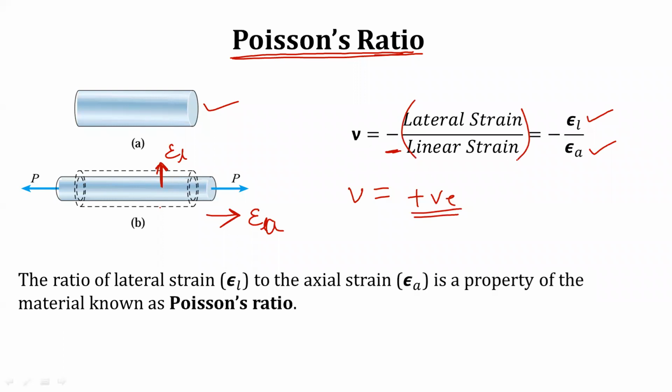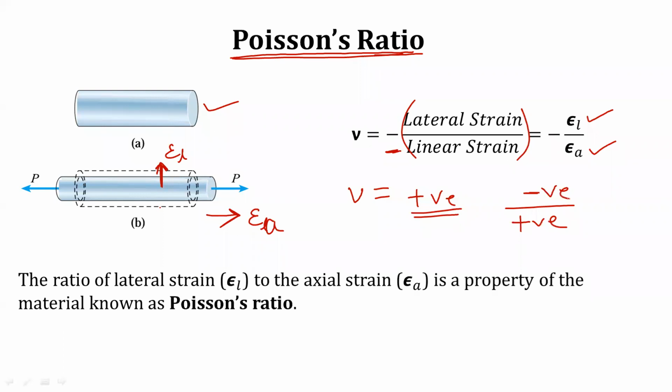But technically here it should be minus. See why: epsilon L is reducing, meaning the diameter is decreasing, so the upper value is negative. The axial strain is increasing, so the denominator is positive.